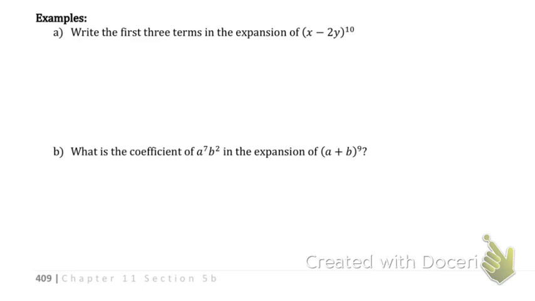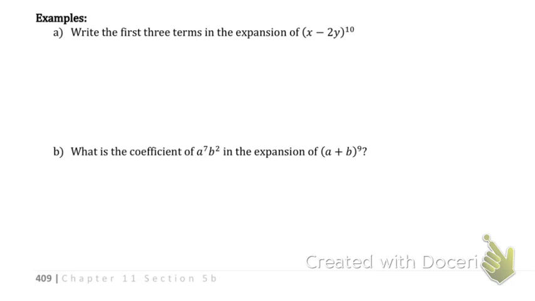So the first problem says write the first 3 terms in the expansion, x minus 2y to the 10th. So yes, we could do Precalc's triangle until we get to that 11th level to do our 10th power. But I don't want to do that. We're going to use that binomial theorem that we had before to help solve this. So our first 3 terms.